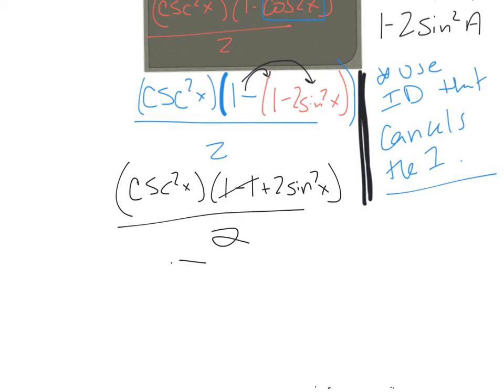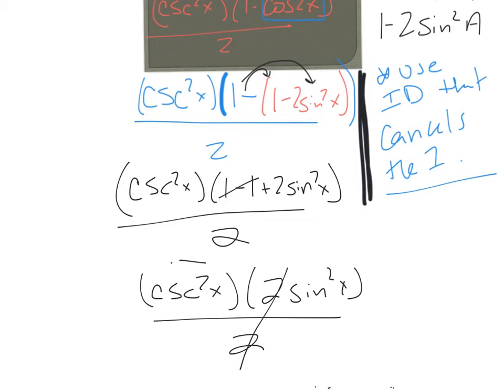The ones cancel out. I could ignore the plus. I get cosecant squared x times 2 sine squared x. The 2s cancel out. It's all multiplication, so that's okay.